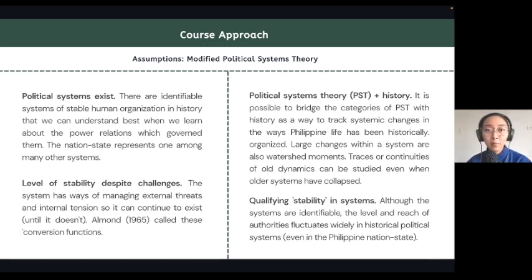For instance, up until the present day, we see the manifestations of political systems that no longer exist. Sultanates, for instance, and their effect on history in the Muslim South continues to be an important historical claim for why there should be different forms of politics in some parts of our country.